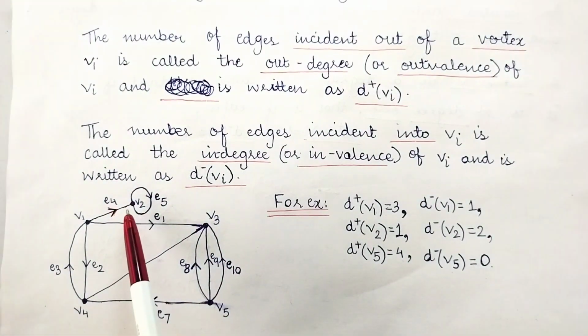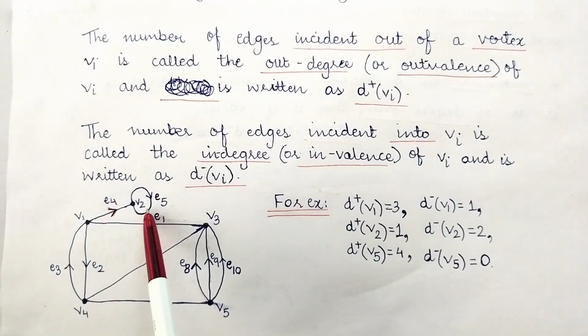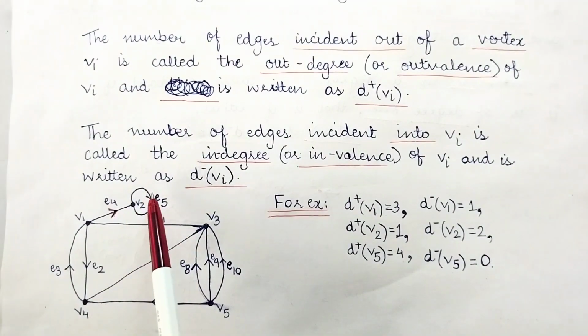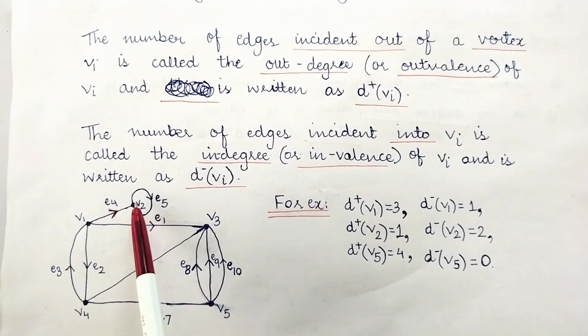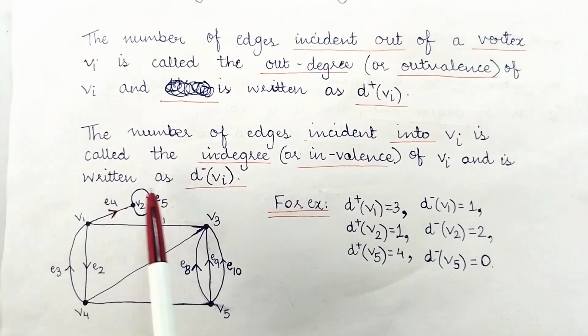Now you know that a self loop is an edge which starts from a particular vertex and also ends at that same vertex. That means for a self loop, an edge is incident into the same vertex and also incident out of the same vertex. So here, since we are talking about the out degree, we will see incident out of.